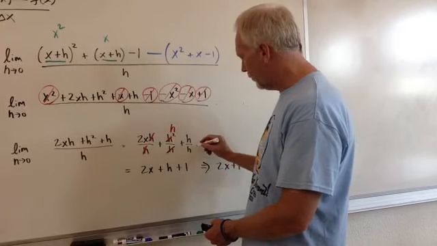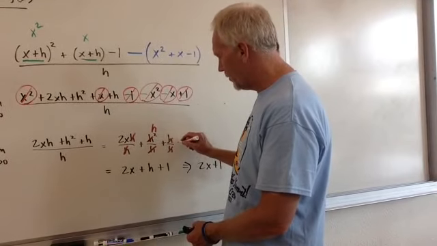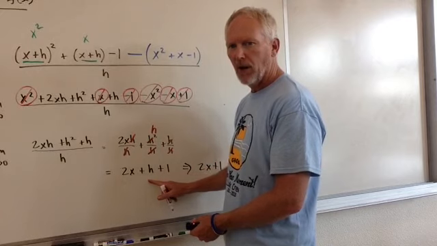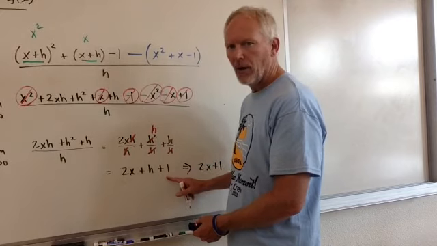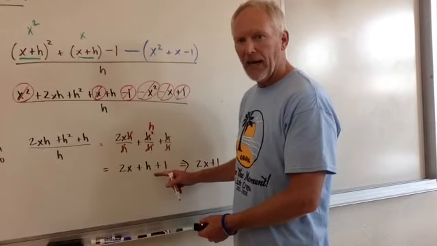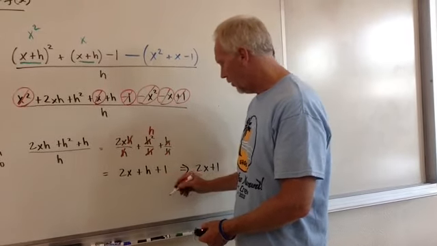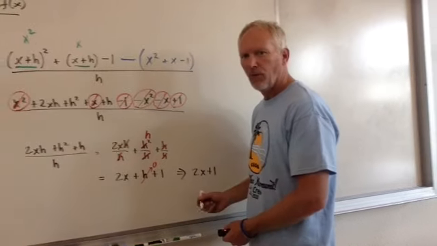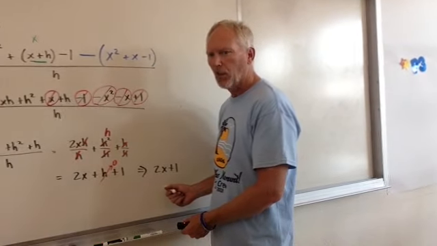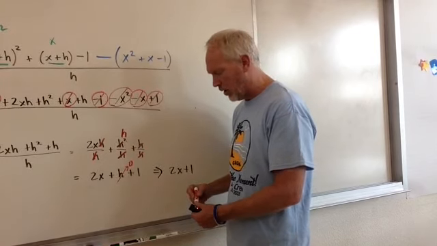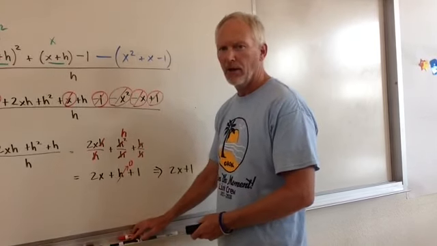And then h over h is just 1, so we're left with 2x plus h plus 1. Now when we apply the limit as h goes to 0, we'll notice that this h actually goes to 0, and we're finally left with an equation of the slope of the line, which is 2x plus 1. And that's what we wanted.